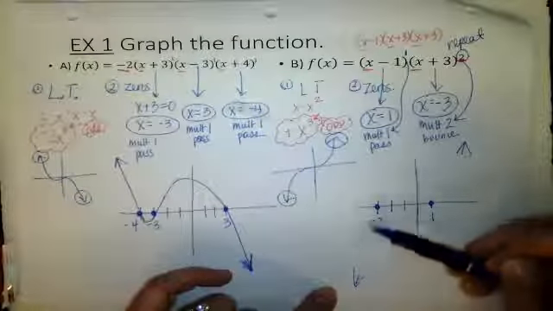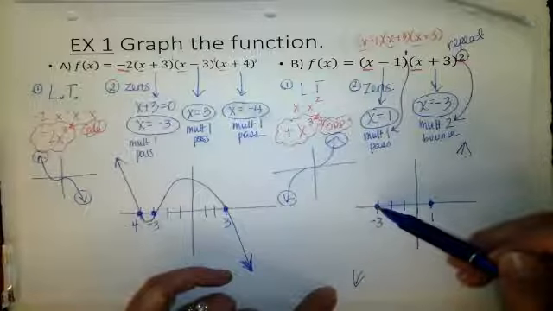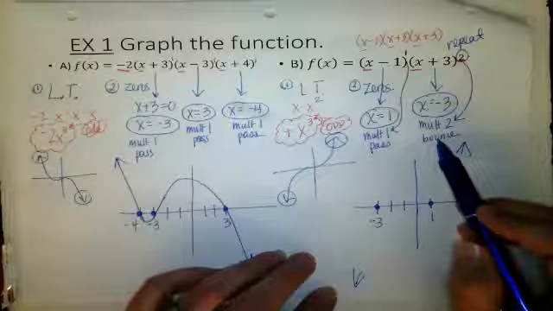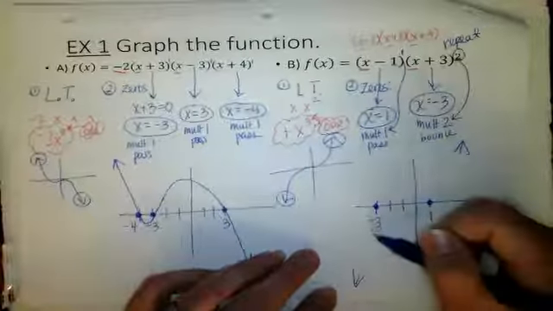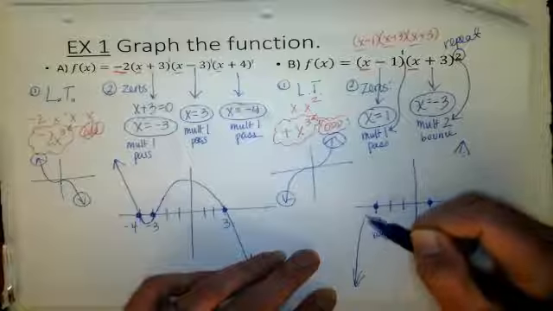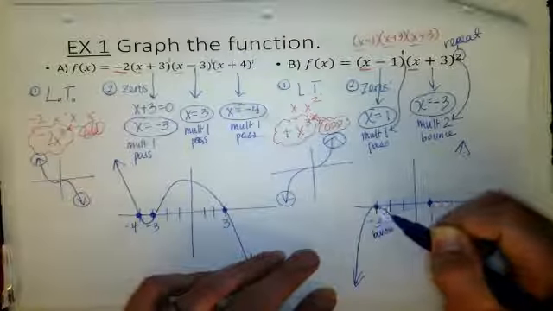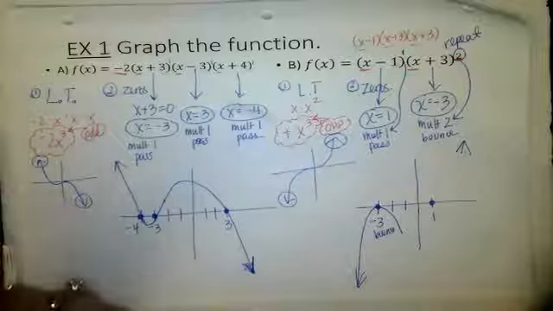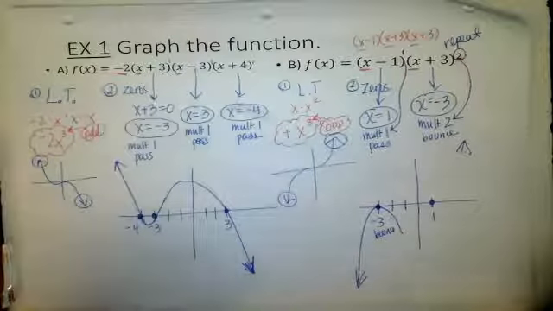So on this left side, I'm going to approach negative 3. What do I need to do at negative 3? Bounce. So at negative 3, I have a bounce. I'm going to approach from underneath on the left, and it sort of hits the 0 and bounces off of it. Do you see how it's kind of bouncing? I call that a bounce.